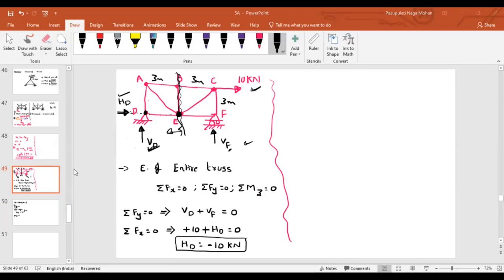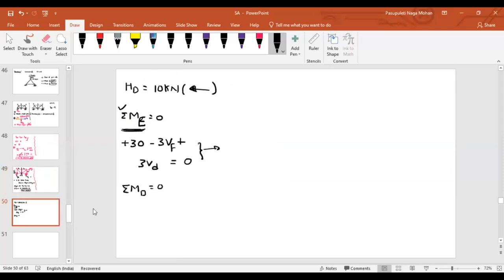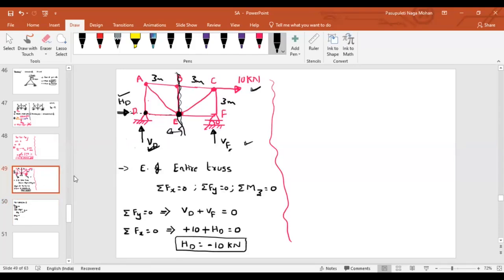HD into 3. There won't be any moments because these are passing through this point. Now, because of VF, what is the moment? VF into 3 plus 3, 6. So total 6 into VF. Again, it is anticlockwise, so I am treating it as negative. So minus 6 into VF.